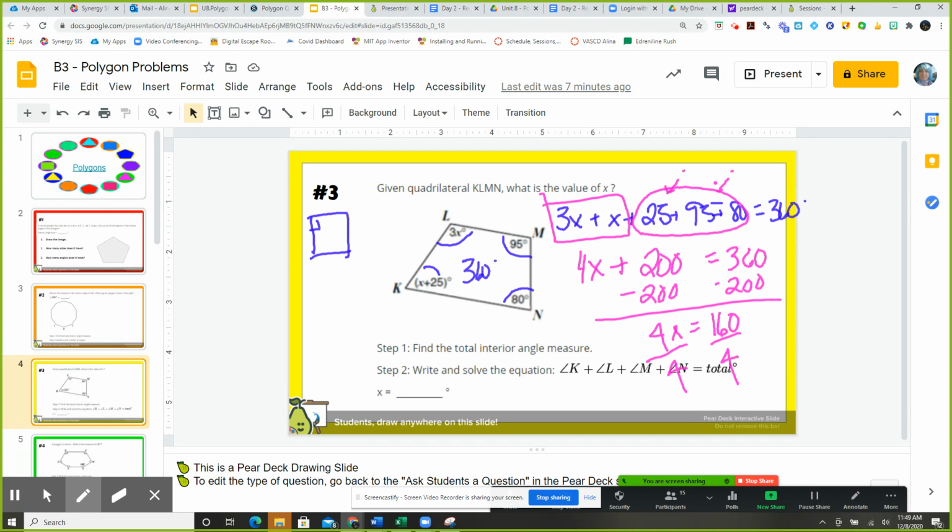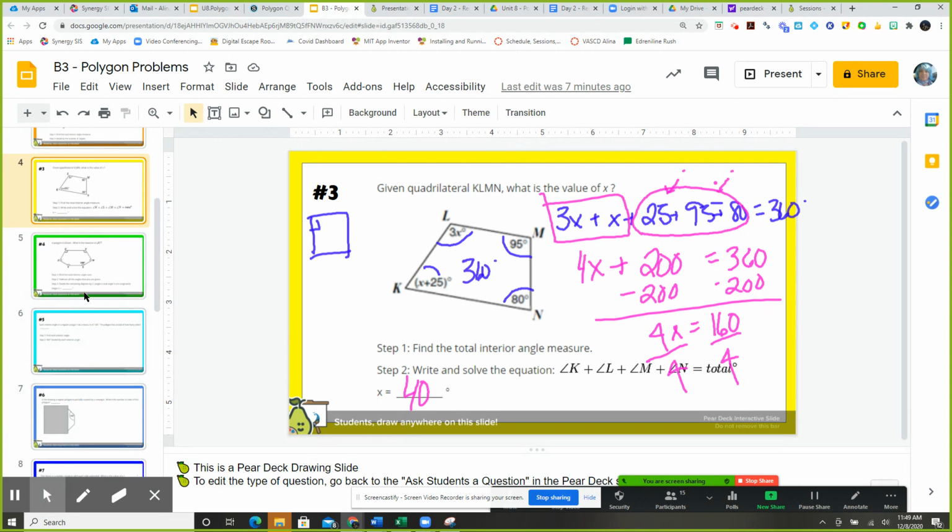So what's x equal? 40. Love it. That is the answer because it's asking me what x is. If it was asking me angle L, I'd have to substitute that back in to get 120. Or if it's asking me angle K, I'd have to substitute that back in to get 65.